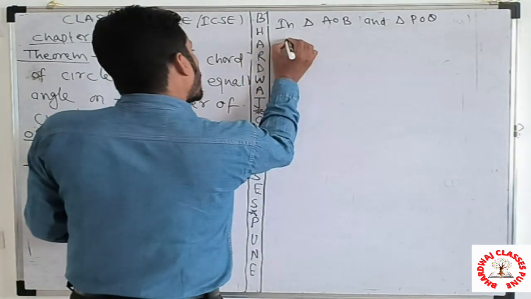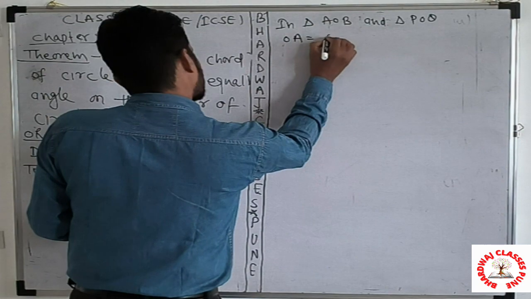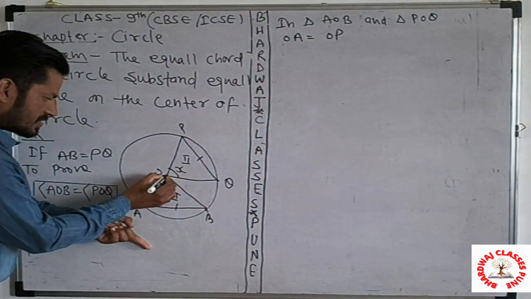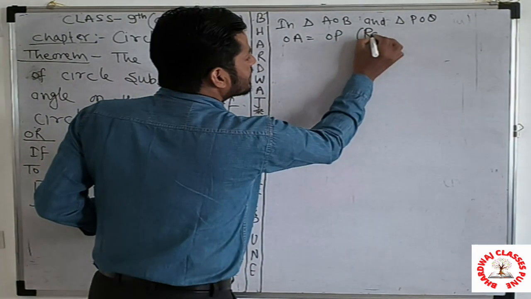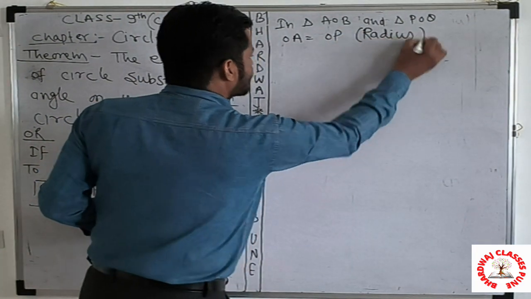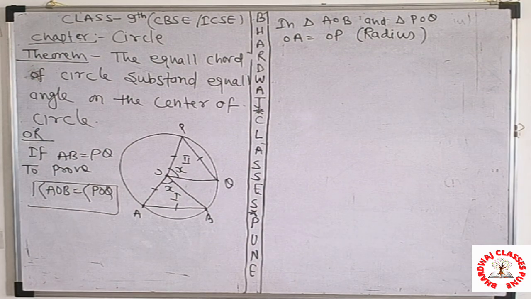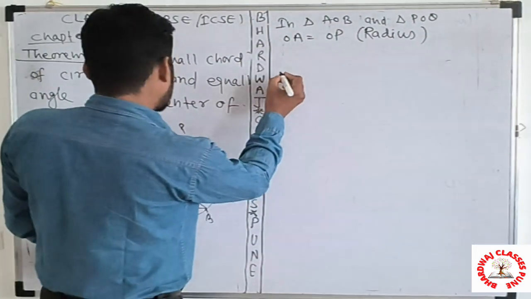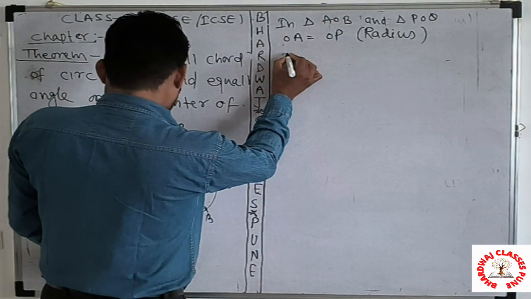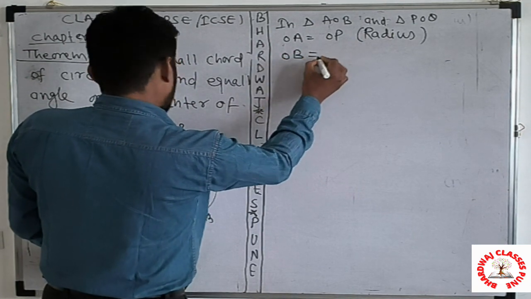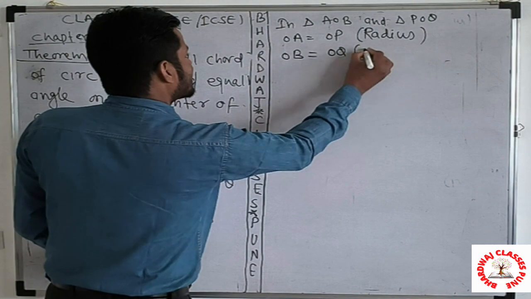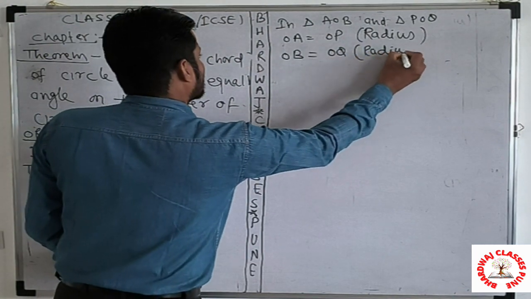OA is equal to OP, because these are the radii of the circle. Similarly, OB is equal to OQ, again the radius of the circle.